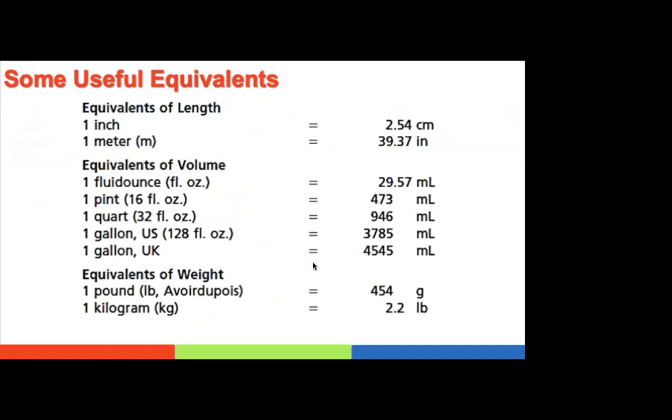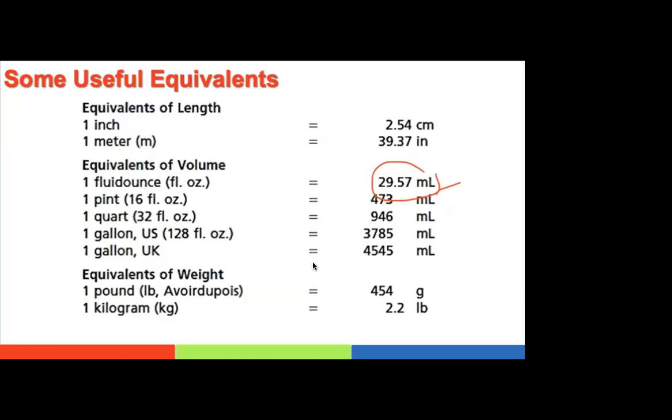This is equal to 29.57 ml. Ito yung sinasabi ko, first question sa board exam namin. What is this in ml? Pint is equal to 473 ml. Quarts is equal to 946 ml. Gallon, magkaiba ang gallon, US, UK. And these are the respective values.